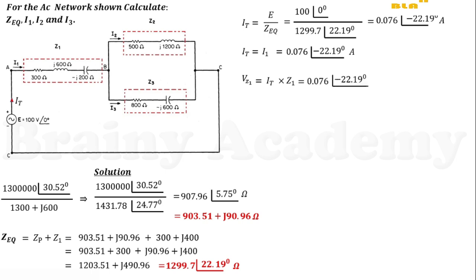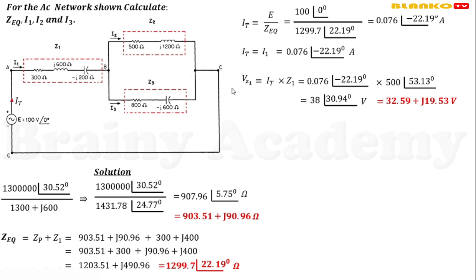This is 0.076 angle negative 22.19 degrees multiplied by 500 angle 53.13 degrees, which is equal to 38 angle 30.94 degrees volts, which in rectangular form is 32.59 plus j19.53 volts.